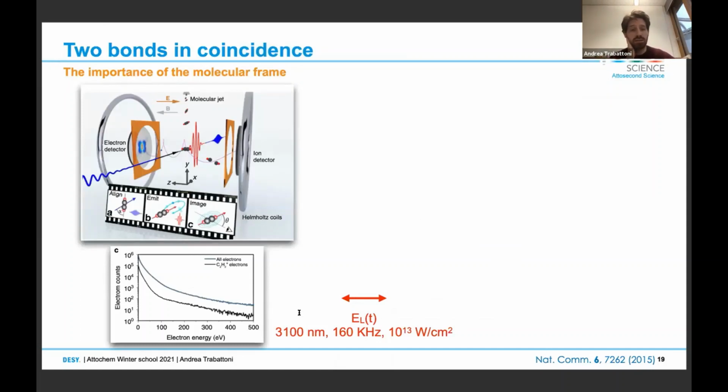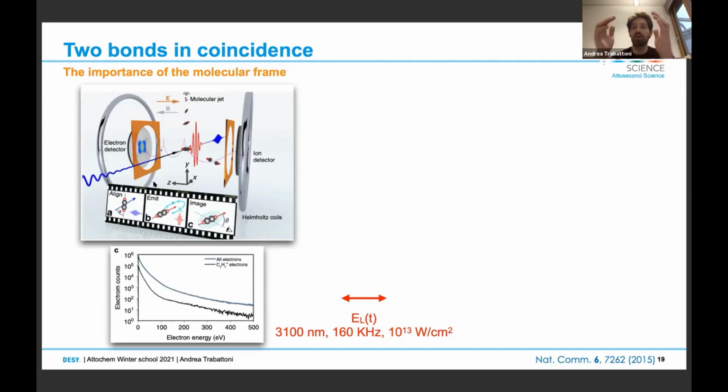I would like to mention it because they applied quite an important technological improvement. First of all, they were using an OPCPA providing laser radiation at 3 micron with a high repetition rate of 160 kilohertz. And for this reason, they had the possibility of performing the experiment in a reaction microscope.